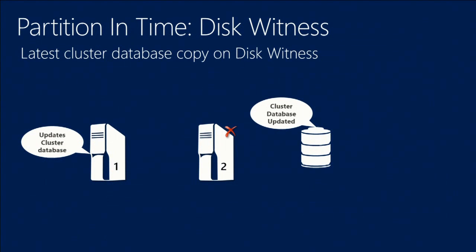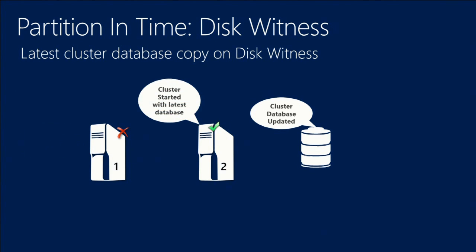Now, partition in time. I have a 2-node cluster and a disk witness configured. Let's say node 2 is down. Node 1 makes an update, let's say to the state of a role, and it gets updated in the cluster database, which gets recorded in the disk witness copy of the cluster database. Now what happens if node 1 also goes down? At this point, the cluster is down.